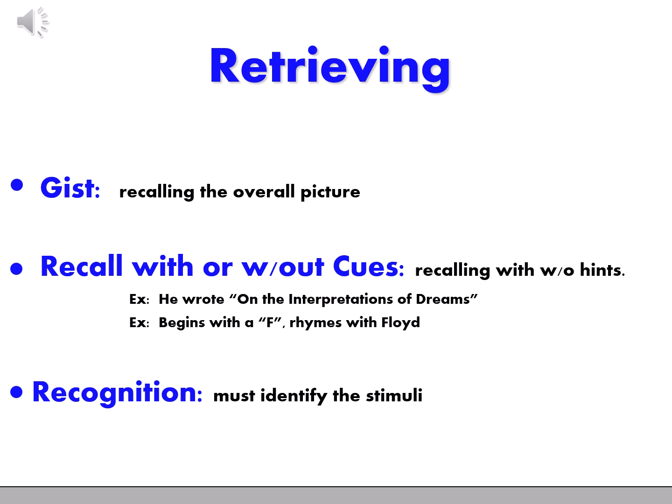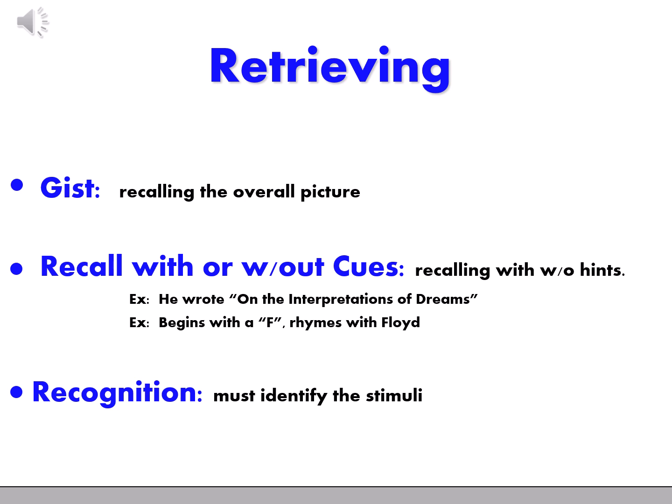There are various types of retrieval, and as a student, you should tailor your studying to the type of retrieval your teacher might ask you to demonstrate in class. Just the overall picture. Recall is of two types, recall with cues and recall without cues.